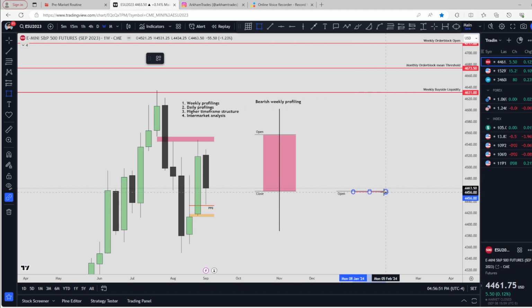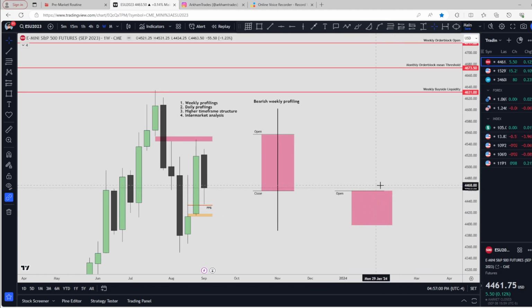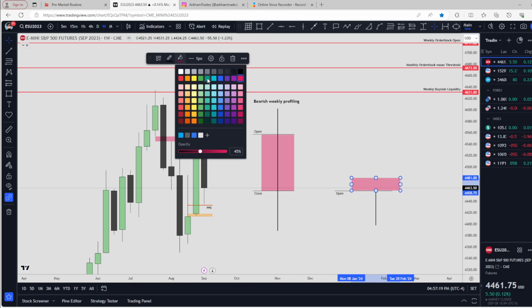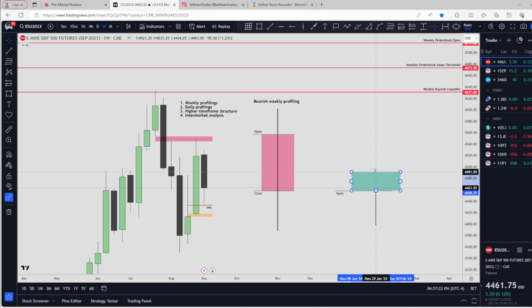Price starts off in the red, gets your wick, starts off in the red and then creates a low. Comes back up higher. When it comes back up higher, it's now green. Let's say up here is your close.